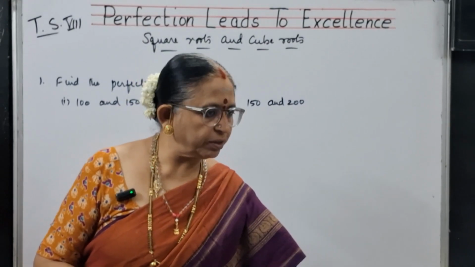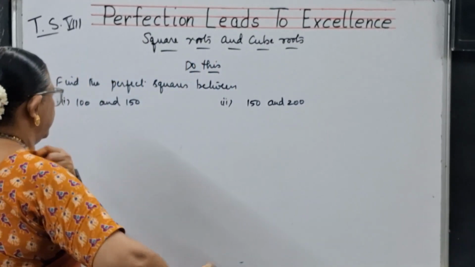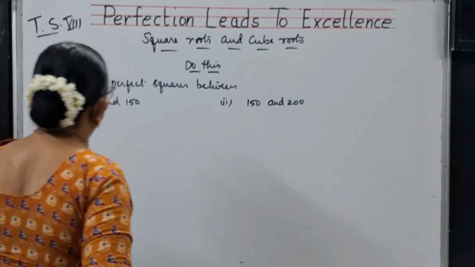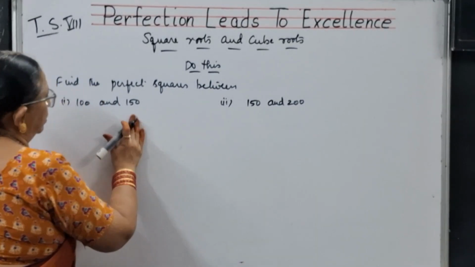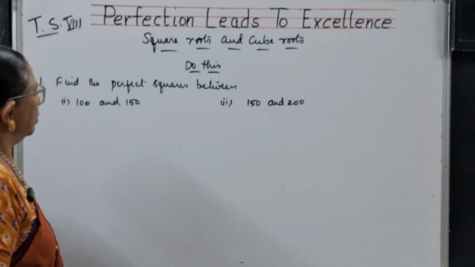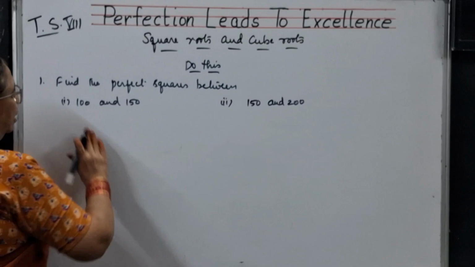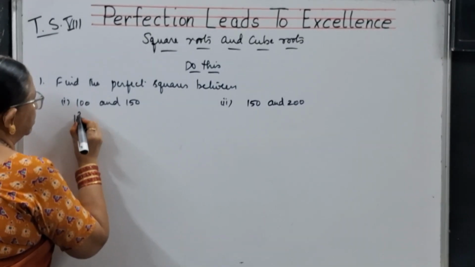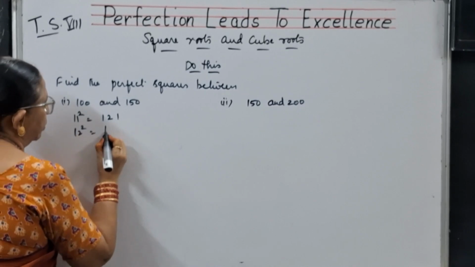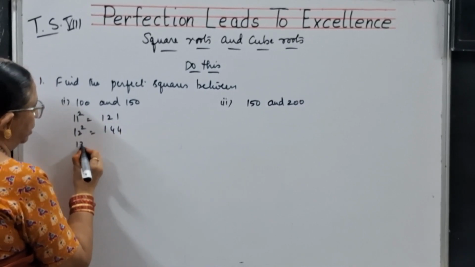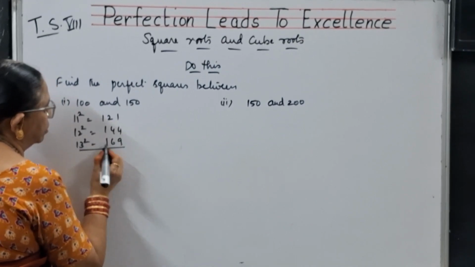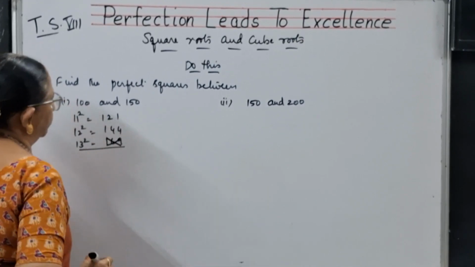Now the next part is here. You need to do this sum, children. The question is find perfect squares between 100 and 150. You know that 10 tens are 100 and 11 square is 121. Then 12 square is 144. 13 square is 169. 169 you cannot take because it is more than 150.